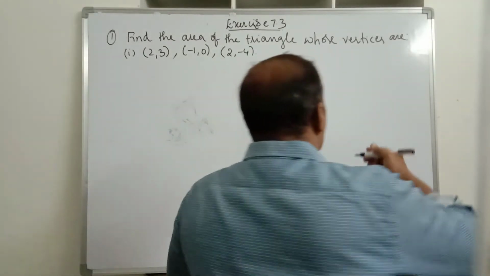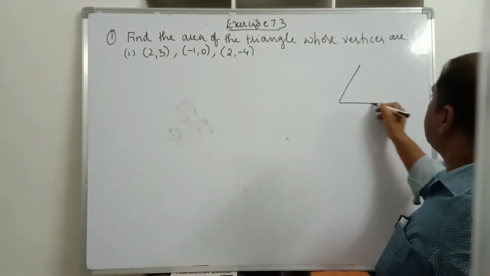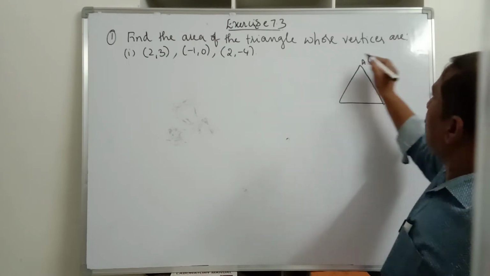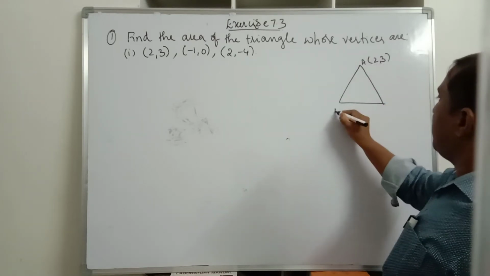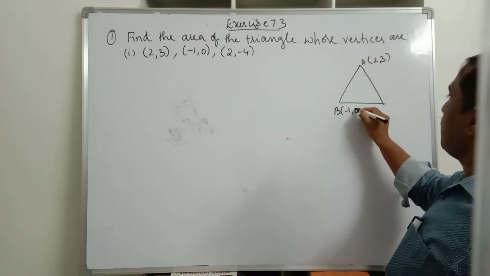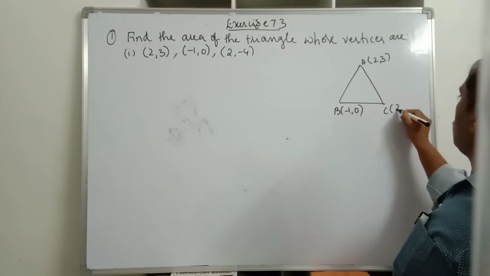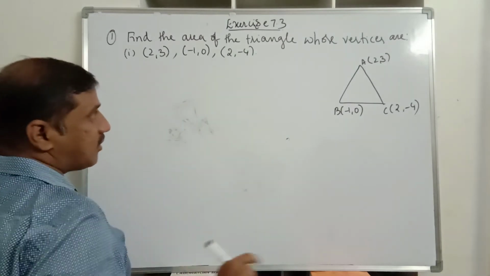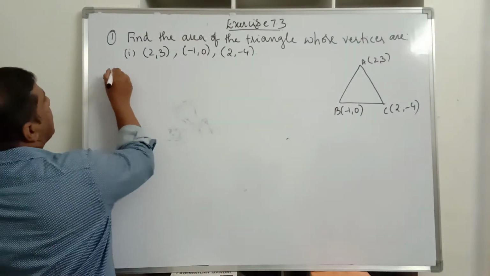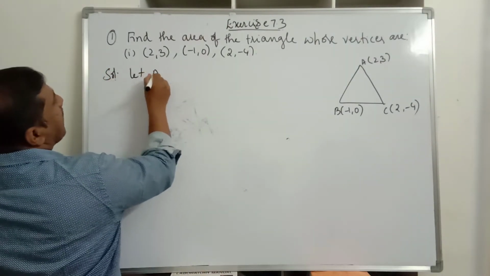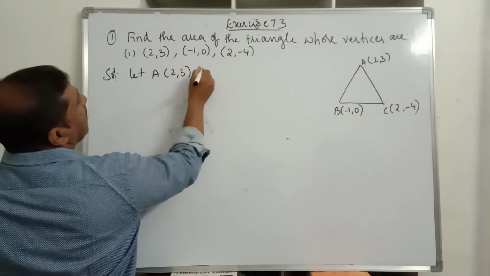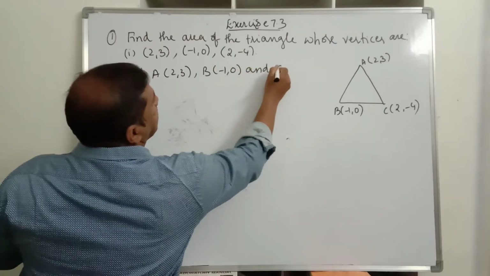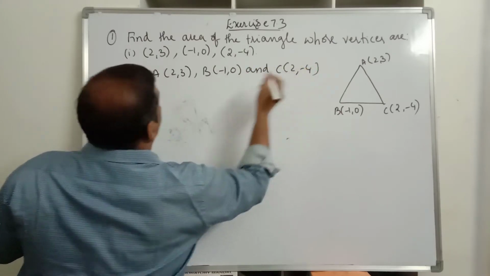Let us draw a triangle with vertices A, B, C. Let A be 2 comma 3, B be minus 1 comma 0, and C be 2 comma minus 4.